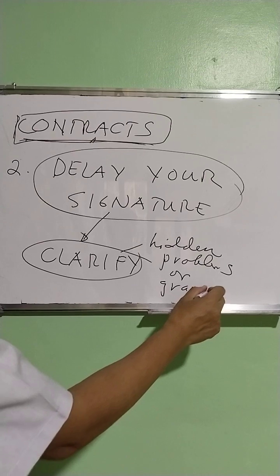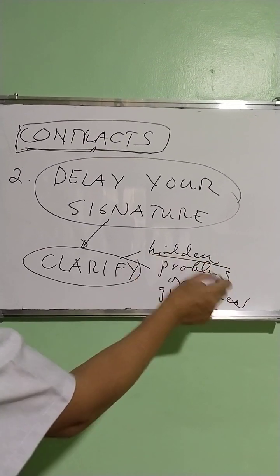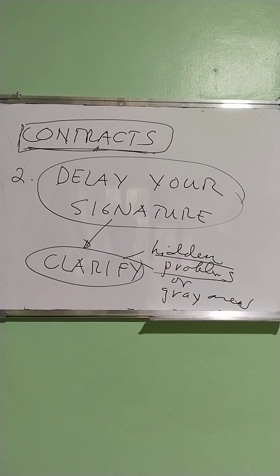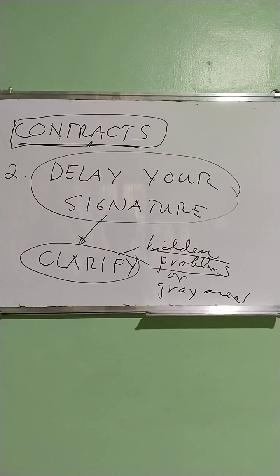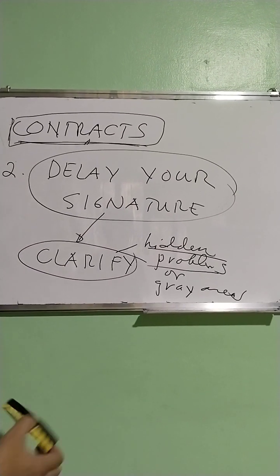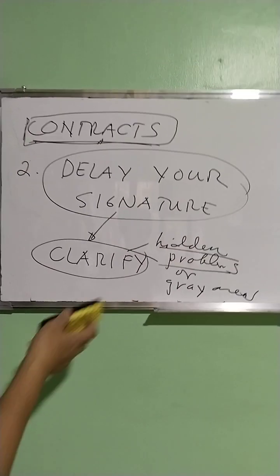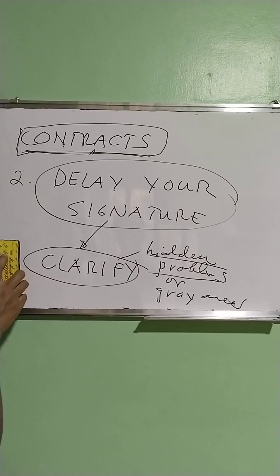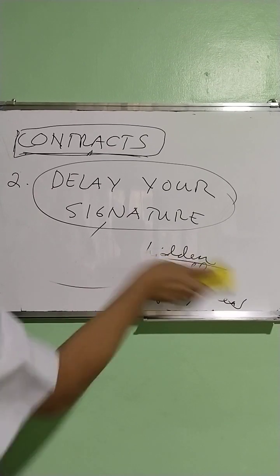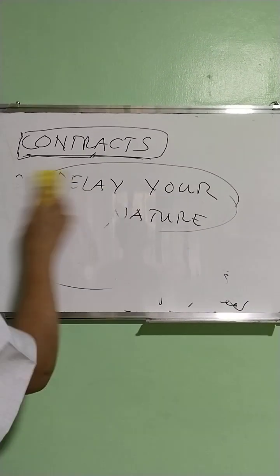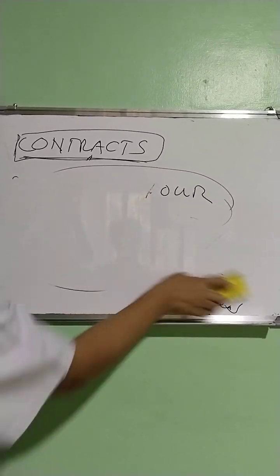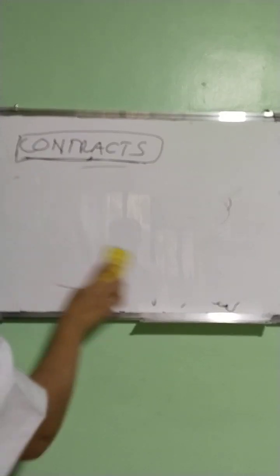Very, very important. You have to clarify all hidden problems or gray areas so that you will be able to satisfy yourself that what you are signing is actually valid for all intents and purposes. You will not be caught flat-footed later on once the document is presented.